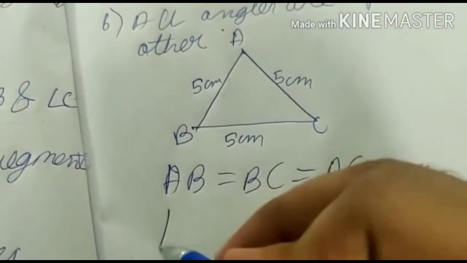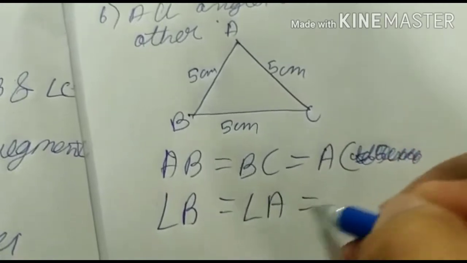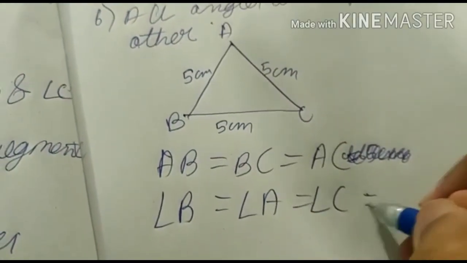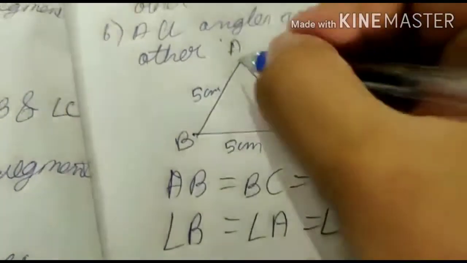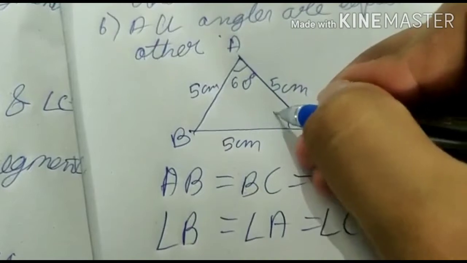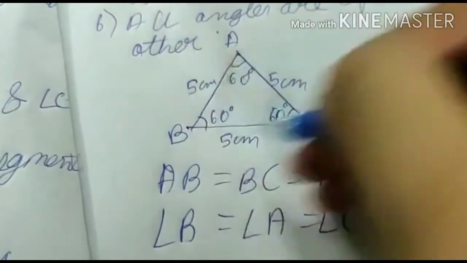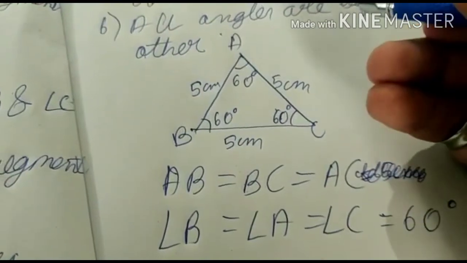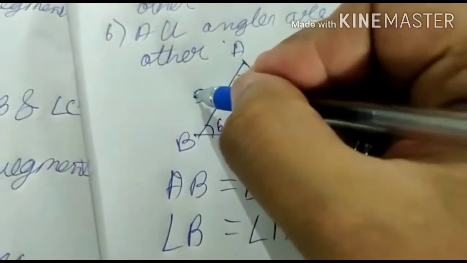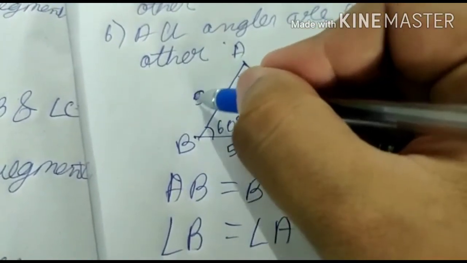And angle B is equal to angle A is equal to angle C. They all are equal, and their value is always 60 degrees. But the length of the side can be any. I have taken this as an example, so I will remove it.